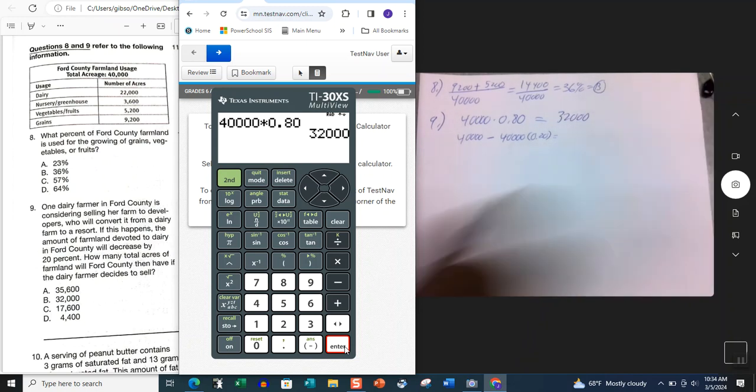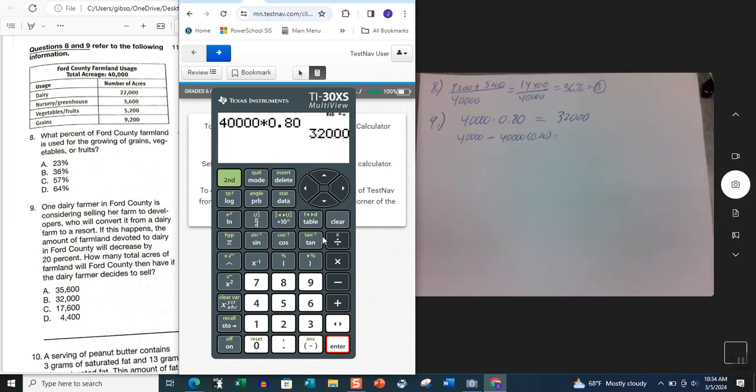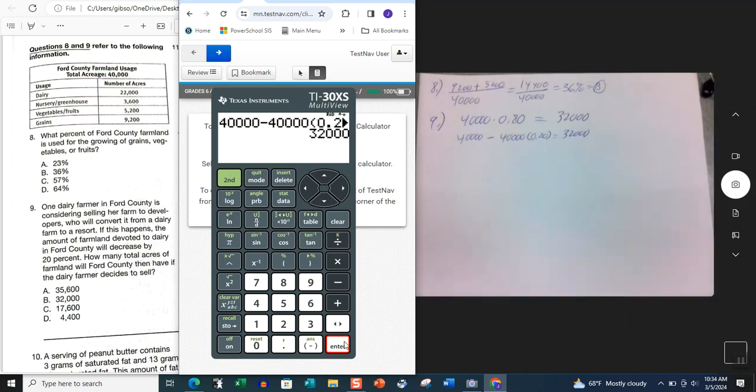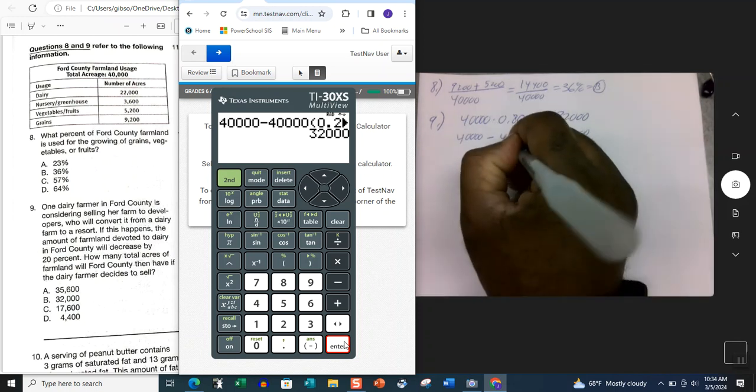That's how much will be left. Or we could take the same 40,000 minus 40,000 times that 20%, and that still gives you 32,000. So either method works. So your answer would be B.